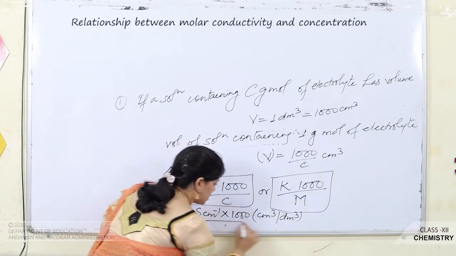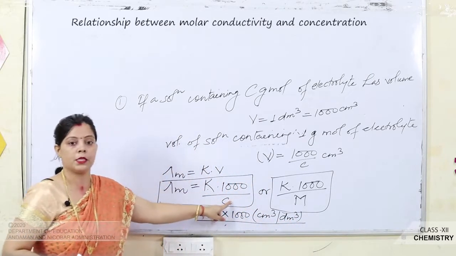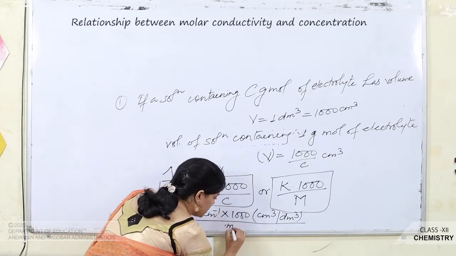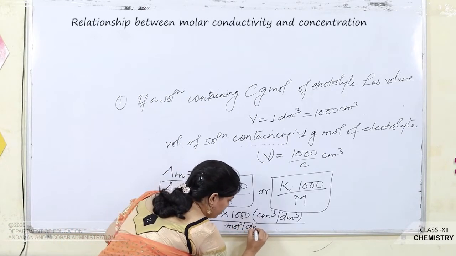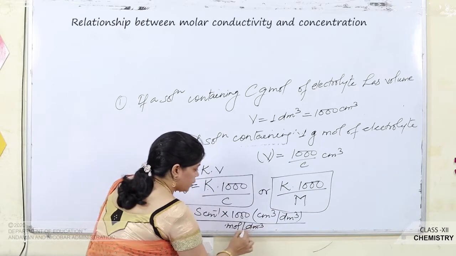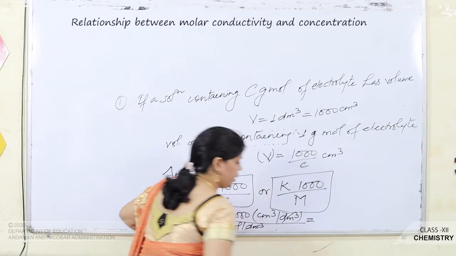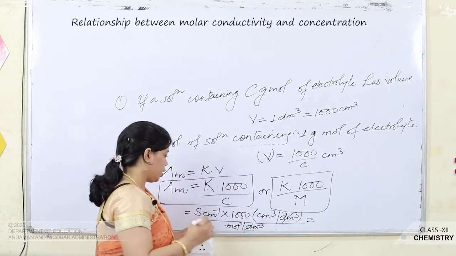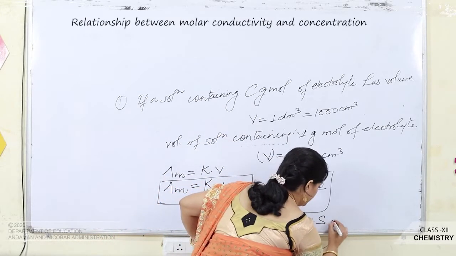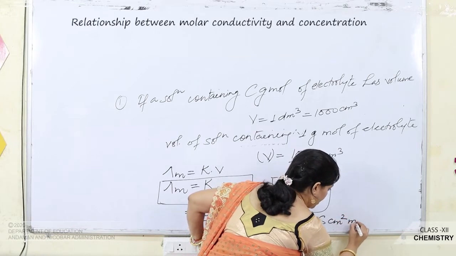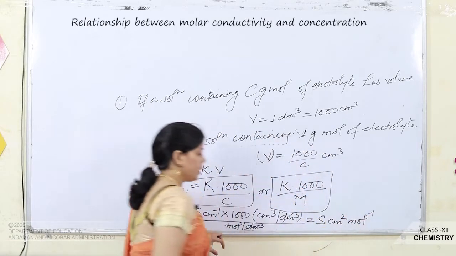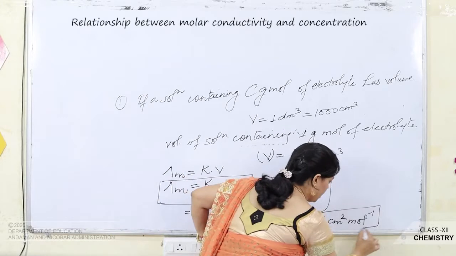This is divided by the concentration, and the unit of concentration is mole per dm cube. Okay children, these two terms cancel out, and after that we get the unit of molar conductivity, which is Siemens cm square mole inverse. Okay, so this is the unit of molar conductivity.